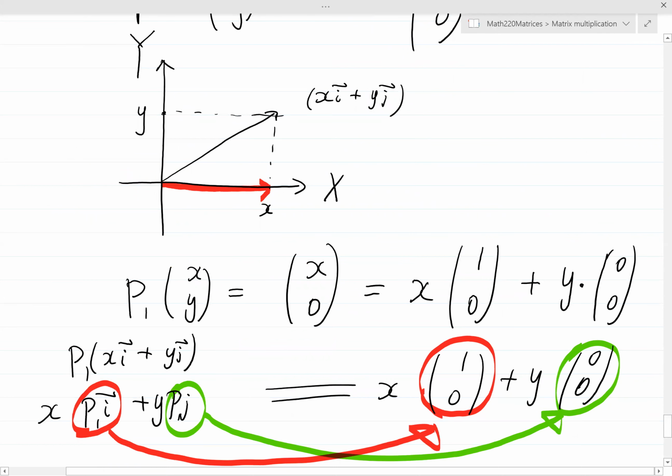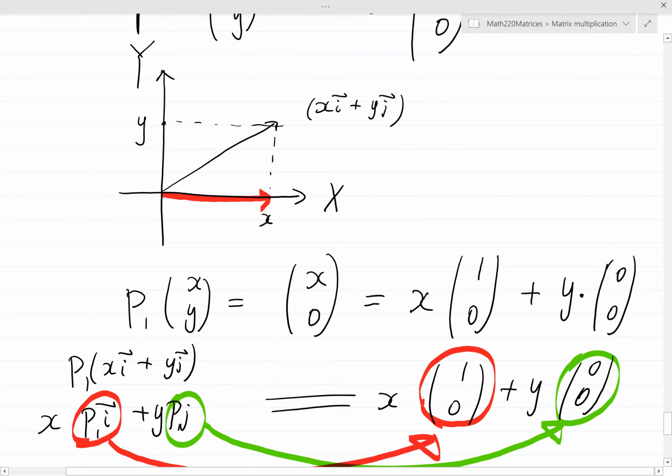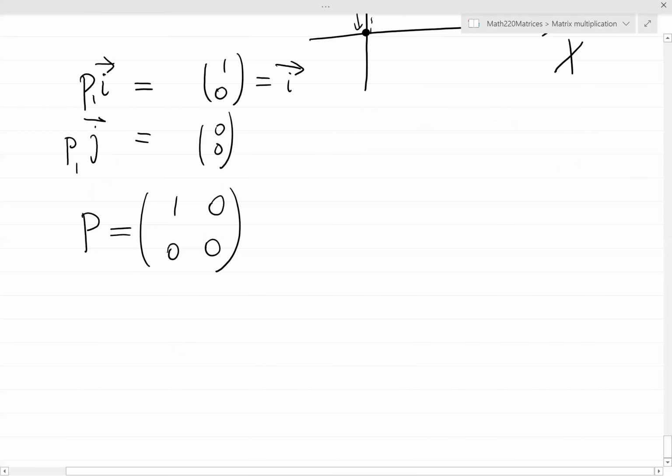Now similarly, we can work out P2, the projection on the y-axis. Can anyone tell me what P2 should look like? Remember, the first one corresponds to x, the second corresponds to y.